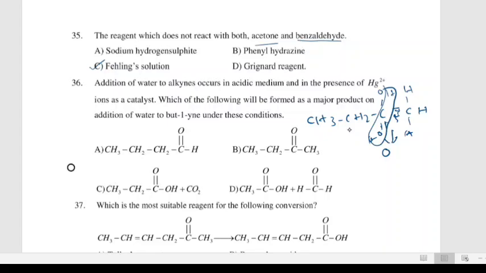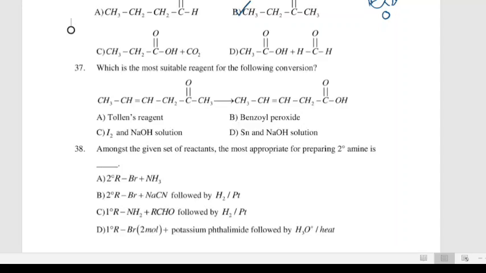Next, which is the most suitable reagent for the following conversion? What happened here? COCH3 is converted to COOH. As soon as we look at that methyl ketone, we should know about the iodoform reaction, where it readily reacts with NaOH and I2 to form iodoform, CHI3.